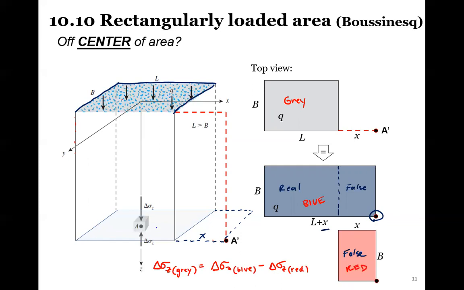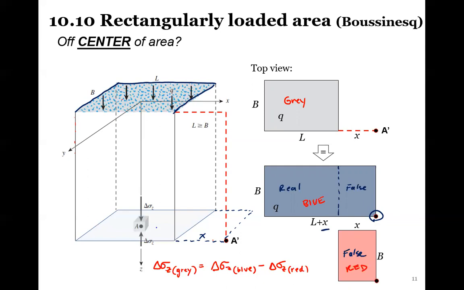Was everyone seeing how we can do this? I think the technical name is a pseudo area. It's a false area, and we are modeling it as if there's something here. But if we subtract that out through another analysis, then we get a representation of the actual stresses there.